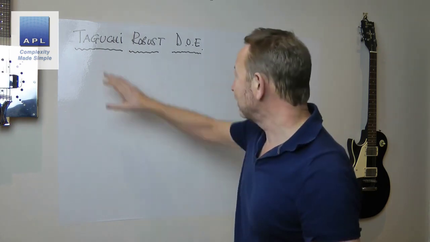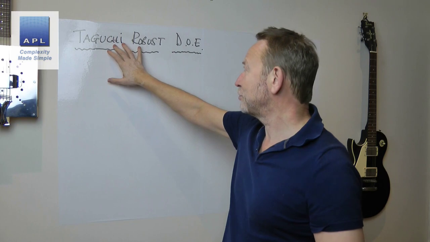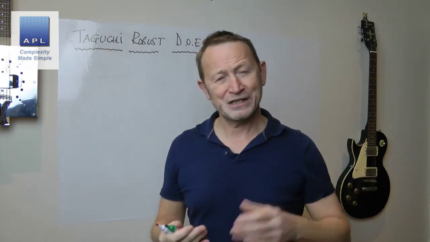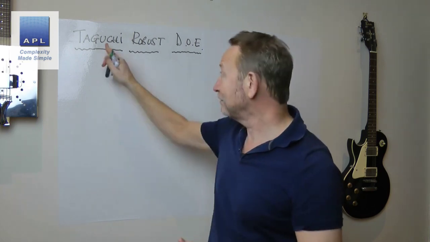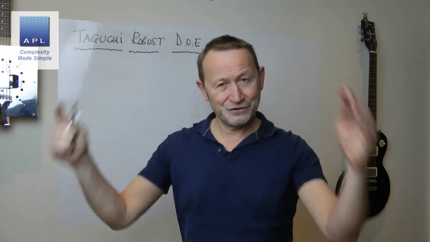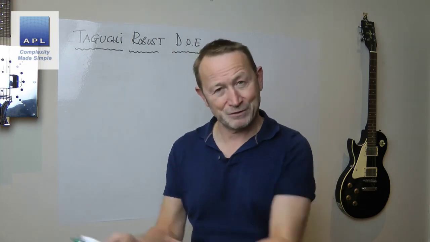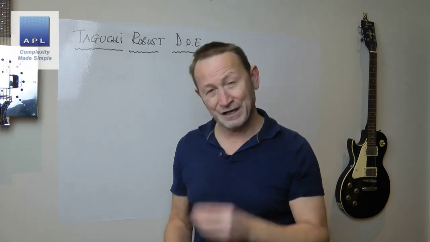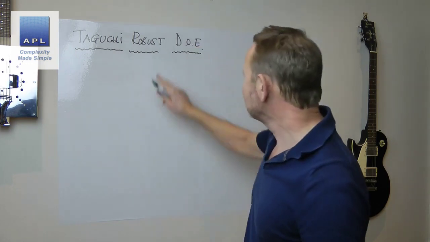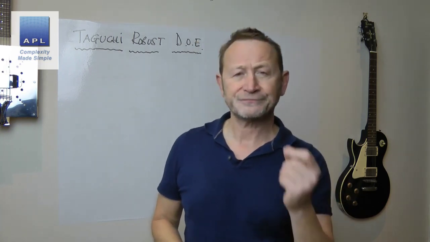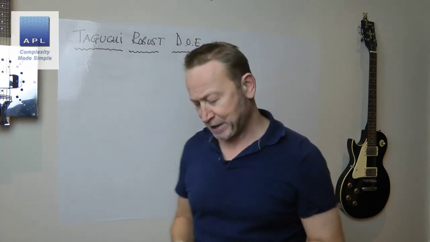And by the way, the idea that Taguchi is a kind of a DOE practice on its own seems a bit strange to me. Taguchi is just part of the DOE suite of approaches, and if you do a Taguchi DOE, it's just a design of experiment. It's just a different pattern, and you just have to understand that. So let's talk about how we find something called robust settings in design of experiments.